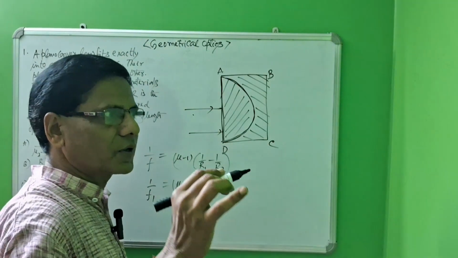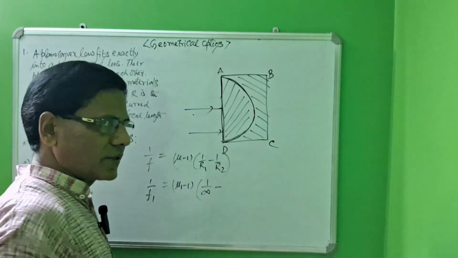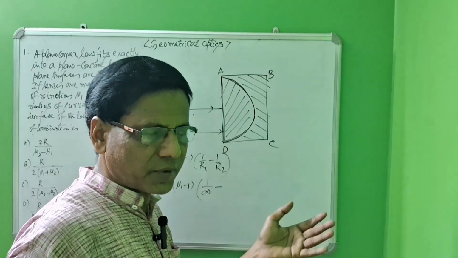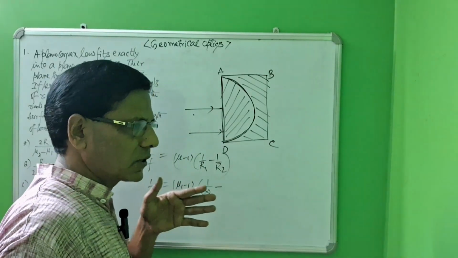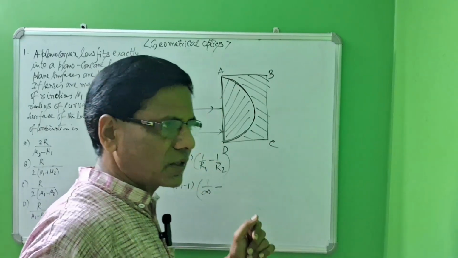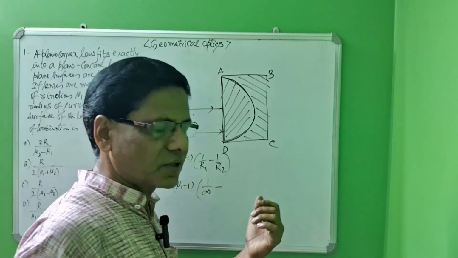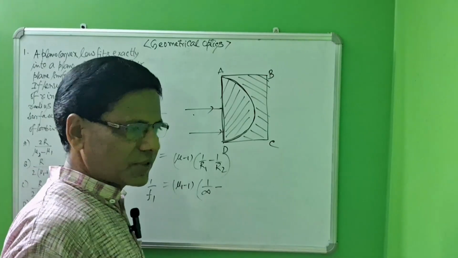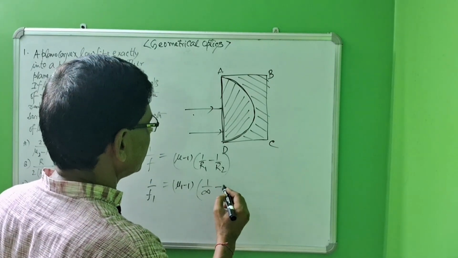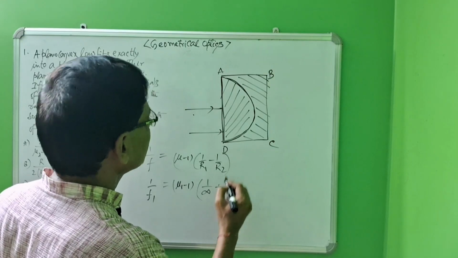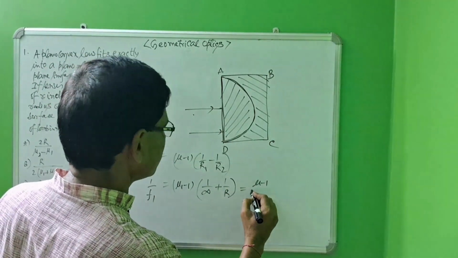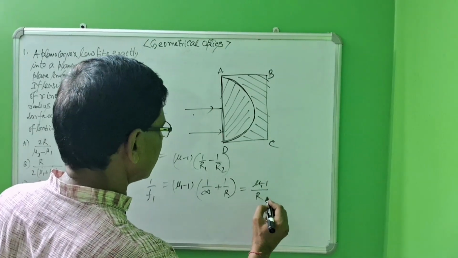We know from our sign convention that the light's direction, along which a parameter is to be measured, will get positive direction, and in the opposite direction it will get a negative sign. So here we get minus r2, so 1 by f1 equals to (mu1 minus 1) into minus 1 divided by r. This is number 1.